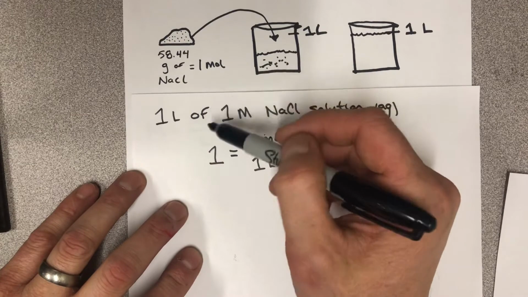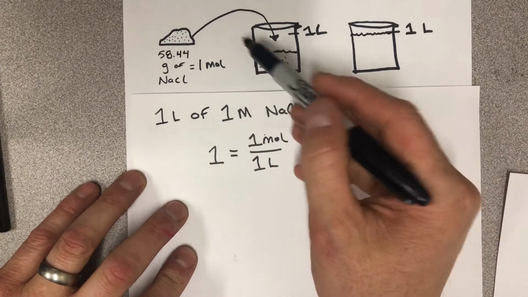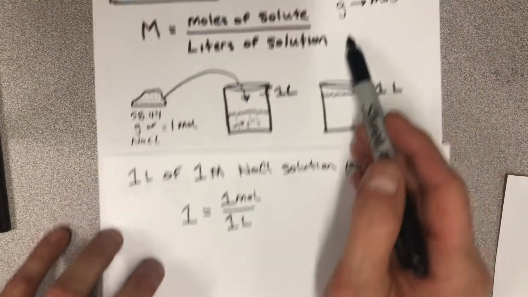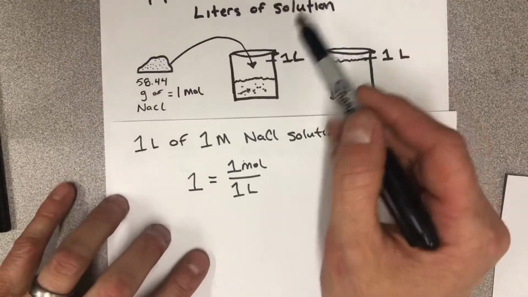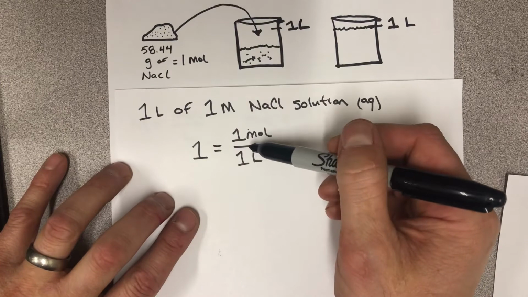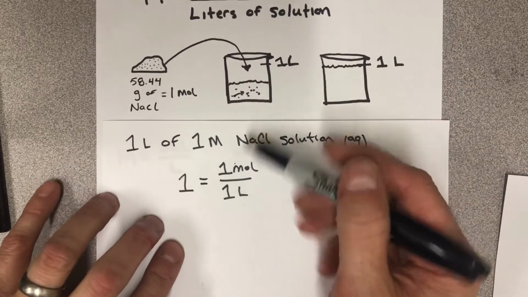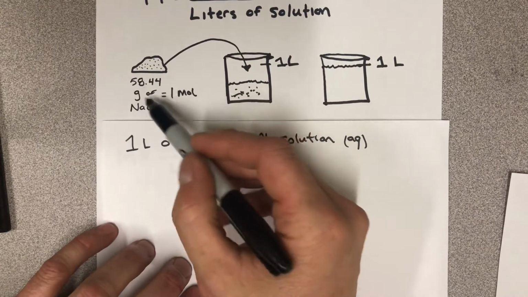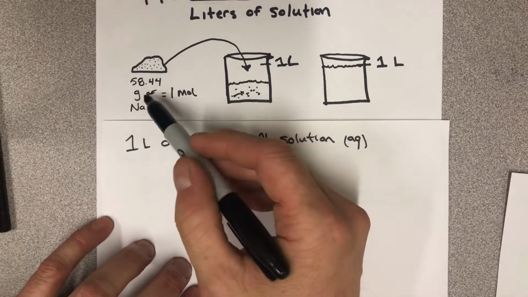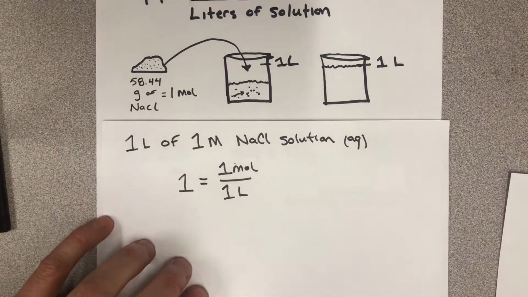We don't have scales that measure in moles, they measure in grams, and that's what I meant up here, where you have to be comfortable going between grams and moles. So instead of measuring out 1 mole of sodium chloride, we use the grams on our scales. We would measure out the mass of 1 mole of sodium chloride, which is 58.44 grams.